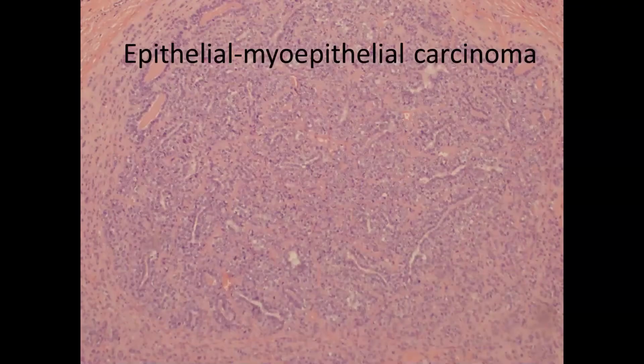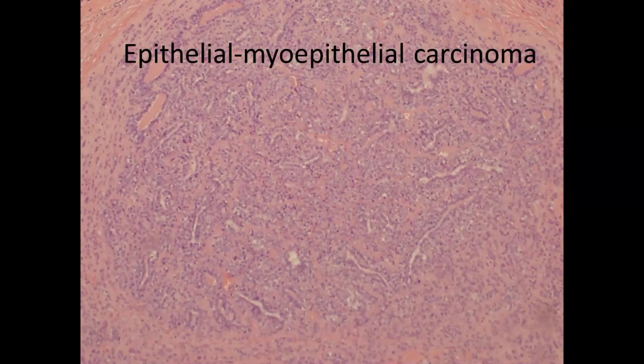In this case, on resection, this ended up being an epithelial-myoepithelial carcinoma. You can appreciate these ductal structures surrounded by sheaths of clear myoepithelial cells sitting in what tends to be more hyaline stroma, and these tumors usually have a more multinodular growth pattern. Even though this is still a carcinoma, it's a lot different beast than an adenoid cystic carcinoma.